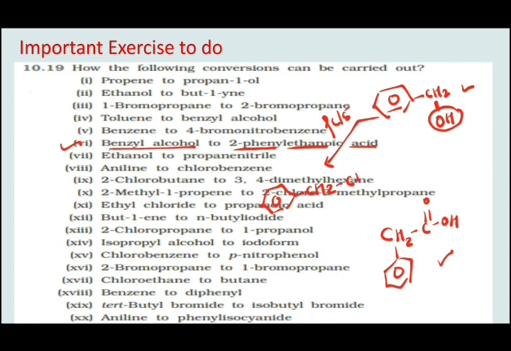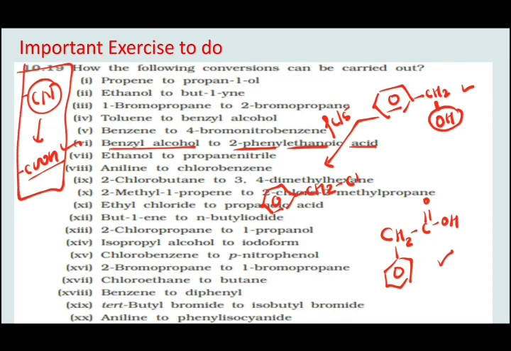Now see that whenever we hydrolyze the cyanide group, we get COOH group. Okay, this is a normal hydrolysis reaction. The cyanide group after hydrolysis gives carboxylic group. So if we can replace this chlorine with cyanide group, we can prepare this one.